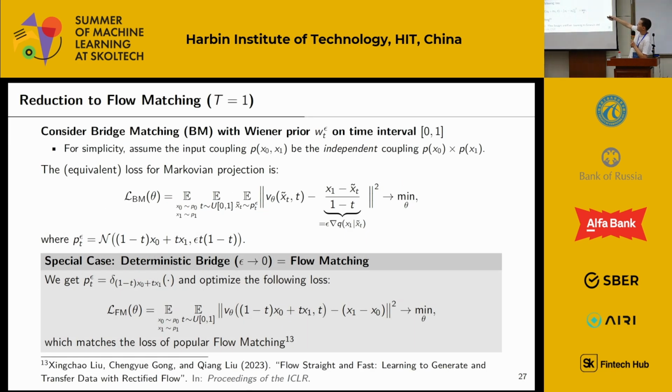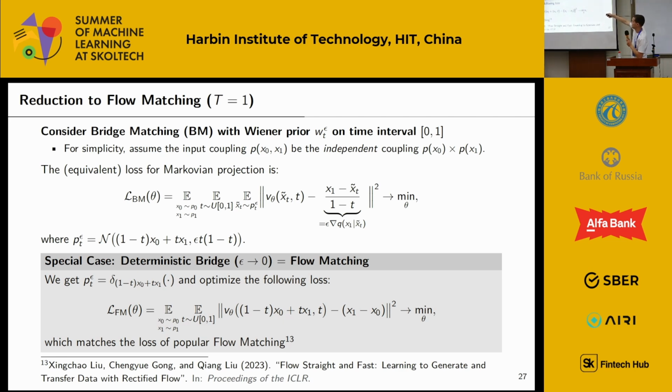If we write down the bridge matching objective with the Wiener prior with given variance epsilon, since everything is tractable here, one may note that we have to optimize the following loss. We regress the drift of our stochastic differential equation to this analytically tractable thing for the Wiener process.